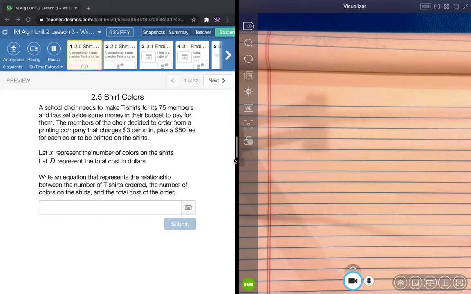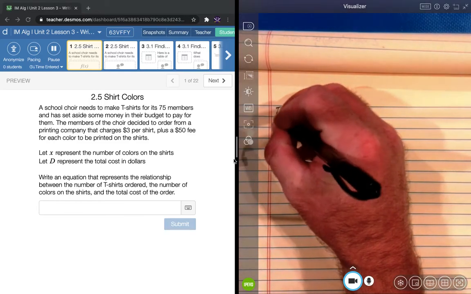We're going to start this off with how we ended the class period yesterday, with our school choir needing their shirts. We're supposed to write an equation that represents the relationship between the number of t-shirts ordered, the number of colors on the shirt, and the total cost of the order. It says let D represent the total cost.